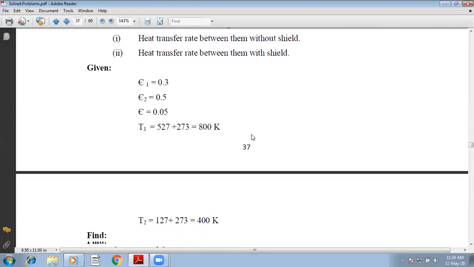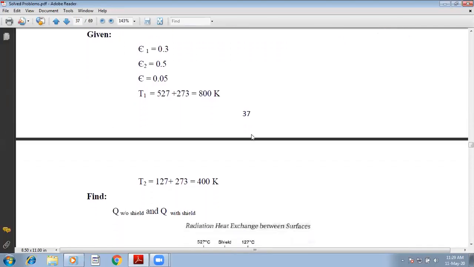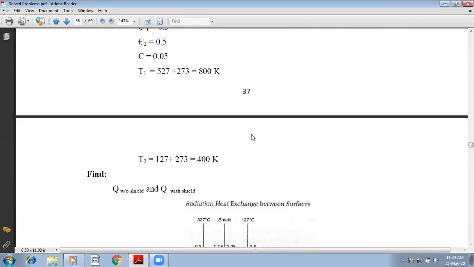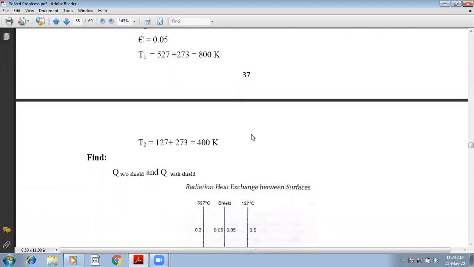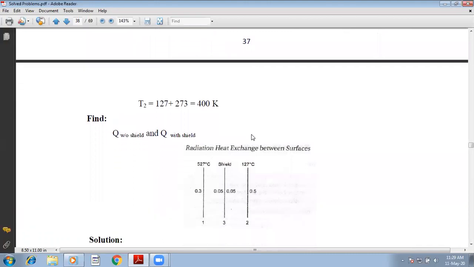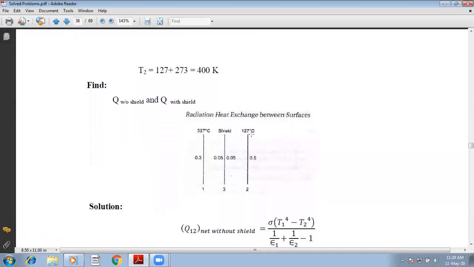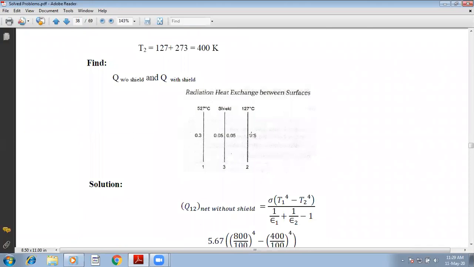Now, again, all the temperatures are in degrees Celsius. First, you need to convert them to the absolute scale, that is, Kelvin. Now, the schematic diagram is like this.